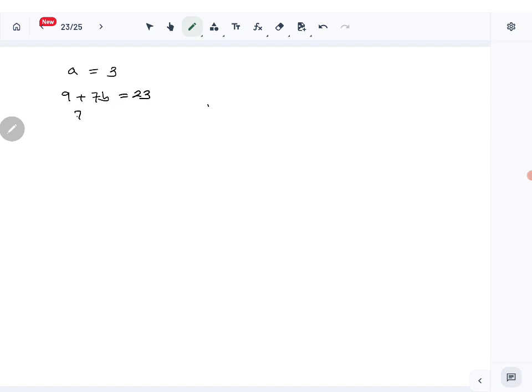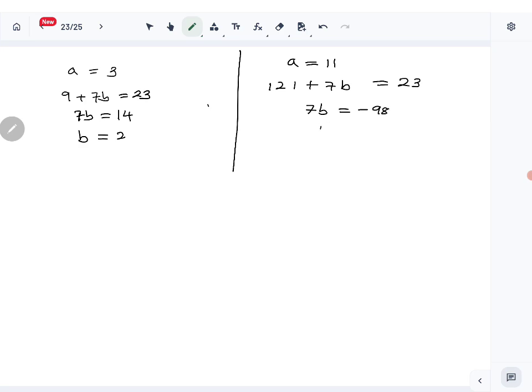So that means 7B is equal to 14, or B is equal to 2. Right. Then we'll check A equals 11. So A squared is 121 plus 7B equals 23. So 7B is equal to minus 98. So B is equal to minus 14.